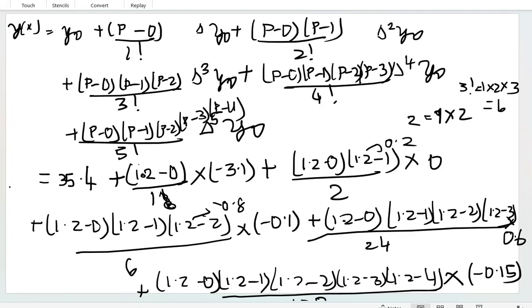Similarly, you proceed, you get this value as minus 1.8 because 3 is the larger number.